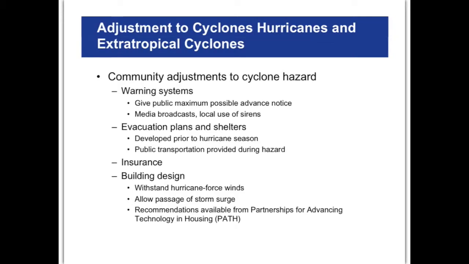Even so, coastal communities do have plans, do have responses in place to adjust to the cyclone hazard. There are warning systems in many coastal communities that are likely to get hit by hurricanes. They get information right from NOAA and then give advance notice.